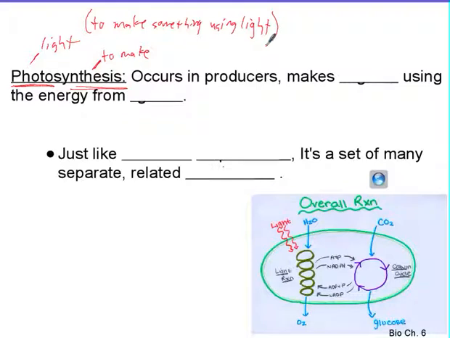All right. So this occurs in producers. Do you guys know what producers mean? Something that produces something. Basically, something that produces the energy. In other words, it doesn't need to eat anything else for its energy.